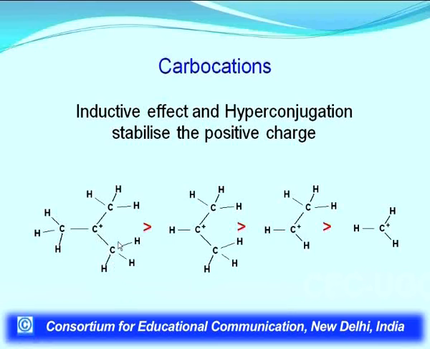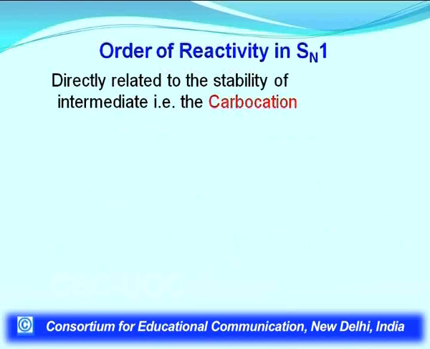So, we find that tertiary carbocations are more stable than secondary, then primary and then simple methyl. And I said just before that the more stable the carbocation, the more easily it will be formed. So, that will tell us about the rate of reaction also. So, the order of reactivity in the SN1 mechanism depends on this. It is directly related to the stability of the intermediate, that is the carbocation.